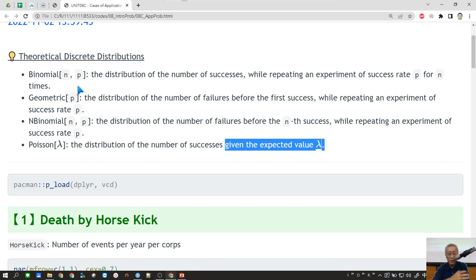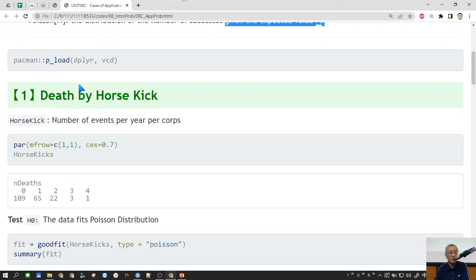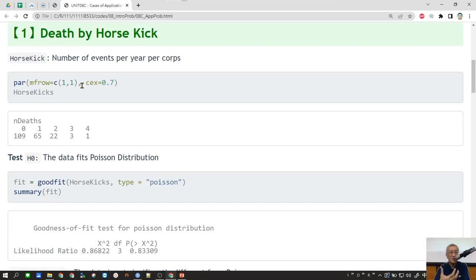Since we do not have much time, I want to give you a real case, so you have a better idea of how probability can apply to business. There's a very, very famous case in probability called death by horse kick.